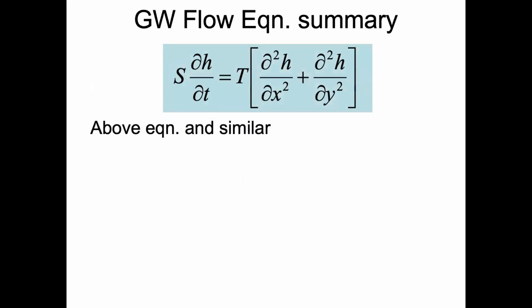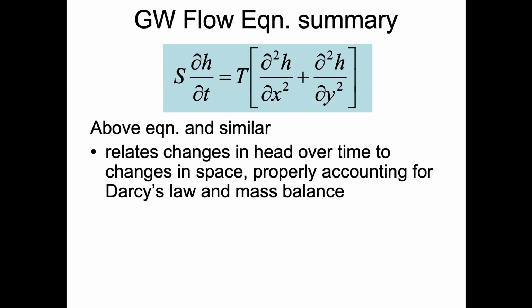If we think about this again in 2 dimensions, this idea of just a couple of things is head at some position in the X and some position in the Y direction, as well as some knowledge of the aquifer properties here, transmissivity, and some knowledge of the change at which head has occurred over some change in area per unit head drop, and how this is occurring over time. So it relates changes in head over time to changes in space by properly accounting for Darcy's law and mass balance.